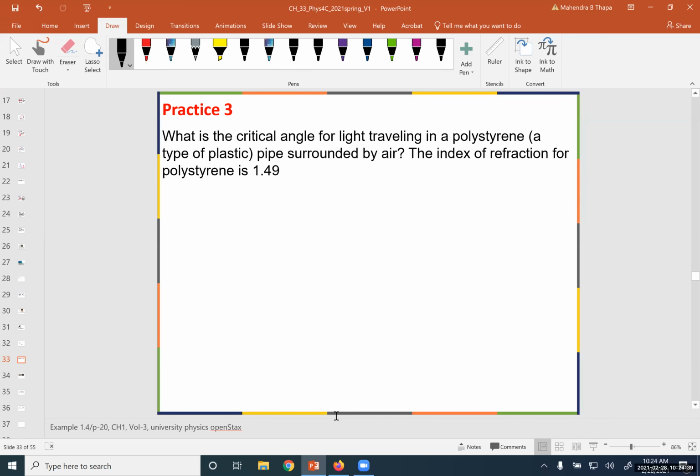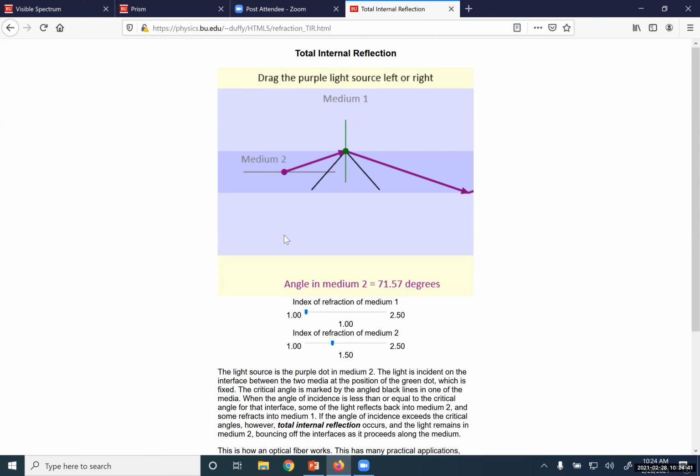In this simulation, I will show you that this medium 2 has higher refractive index. So for example, I took the refractive index of medium 2 as 1.5, and the other medium, the first medium, its refractive index is 1.